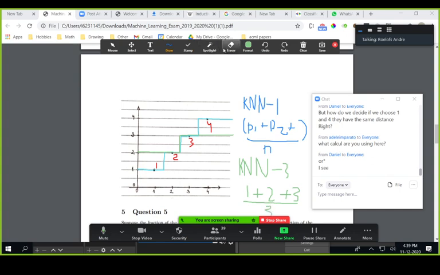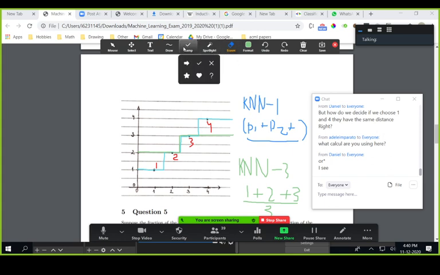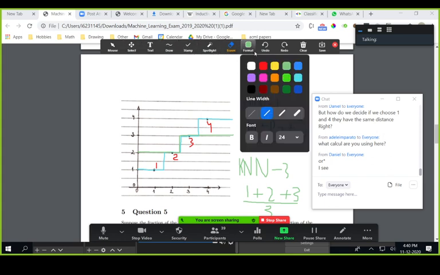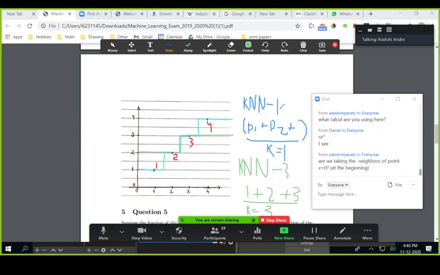Actually, I'm just now realizing this should be k. Yeah, and k here equals 1, and k here equals 3. So it's just the average of all the points.